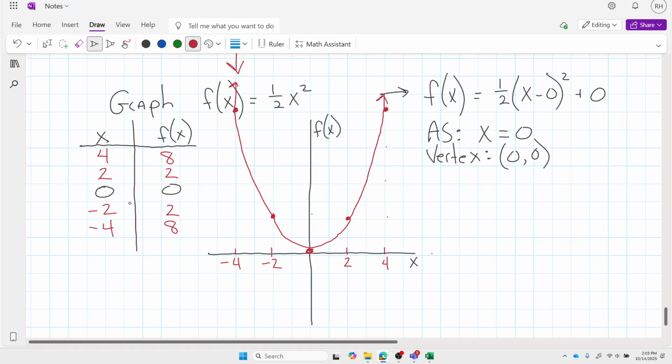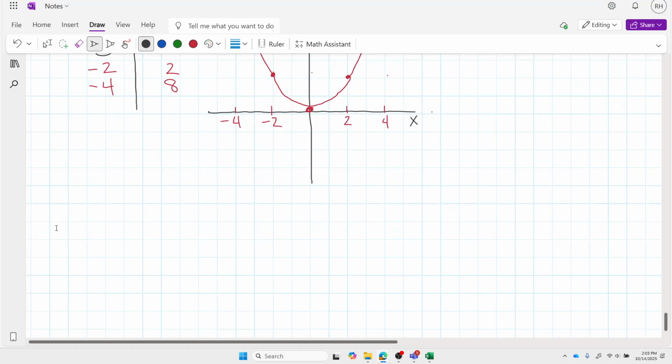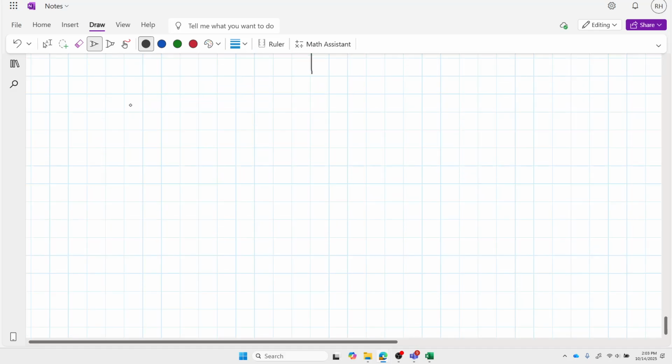Okay, so let's look at a couple more of these. Let's graph f of x is equal to 3x squared. All right, this is in the same format as this previous equation.